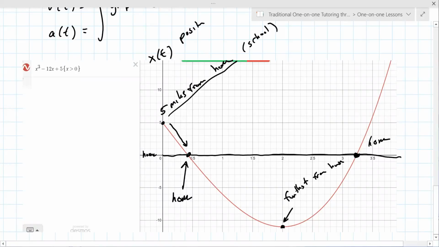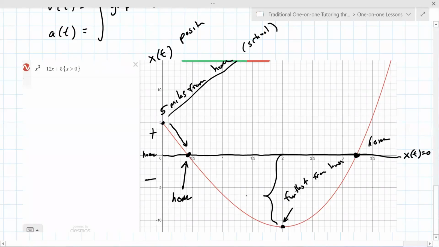But here you're back home, because your distance from home is 0. That's what this means. X of t equals 0. So you have to be in your driveway, more or less. And then you go the other direction, because this is positive and this is negative. It could be north, south, east, west, it doesn't really matter. But you're going away from home, and you're furthest away here, because look at this distance.